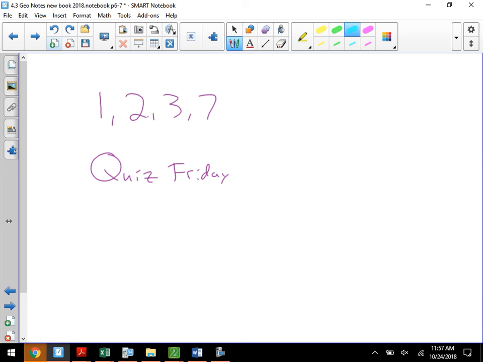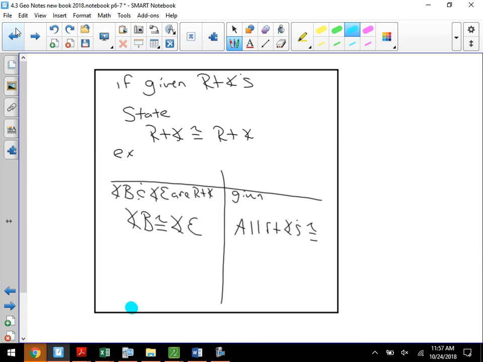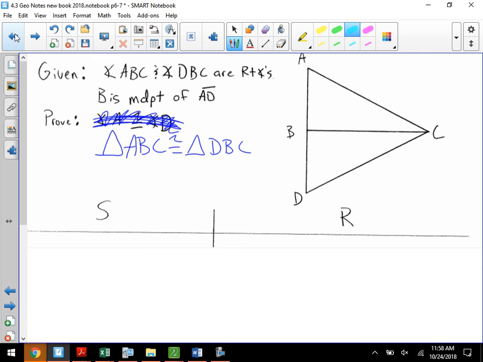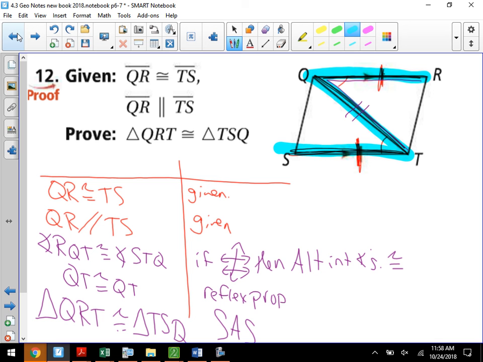Once we get past this part, next week we're going to do what are called corresponding parts. Once you get past a triangle being congruent, here we've said that we have two triangles that are congruent. Once you have that, all of their corresponding parts between the triangles are congruent. So I can take extra steps.